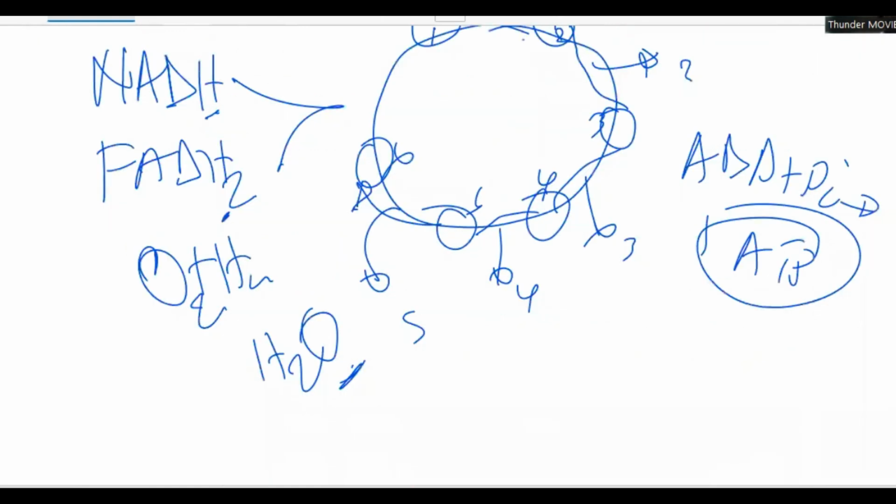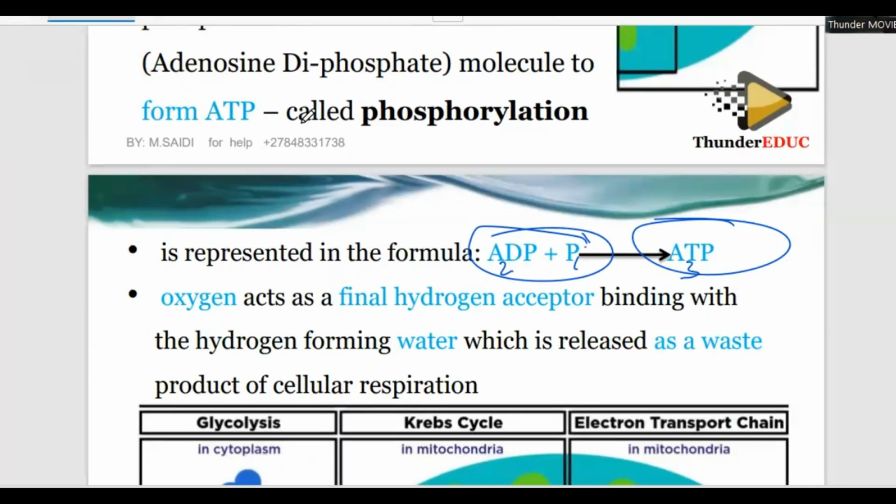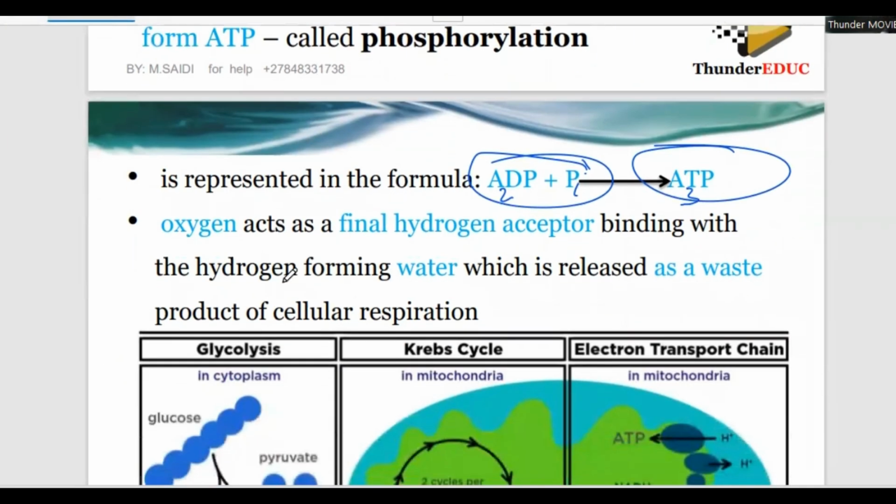That's what I said here. That oxygen becomes the last hydrogen acceptor, which combines with the hydrogen ions or atoms, and then you form water molecules. It doesn't just take place the way we write it. It's a little bit complex, but we use it just to summarize for you so that you can understand what is behind the scenes.